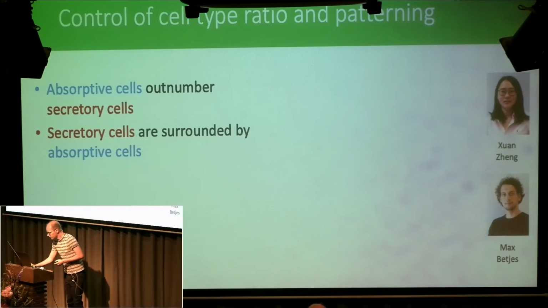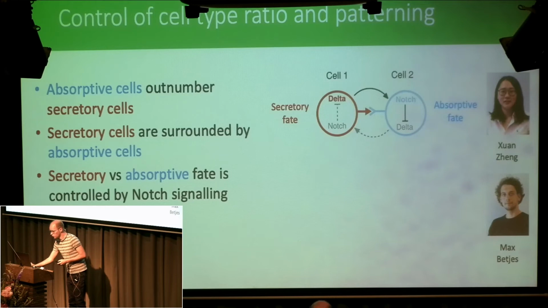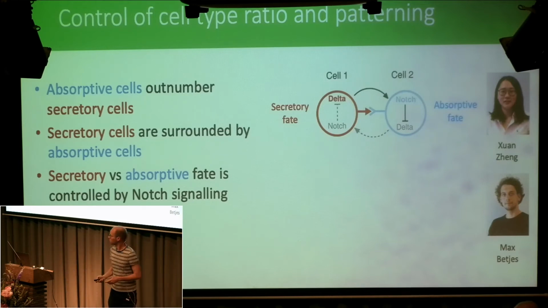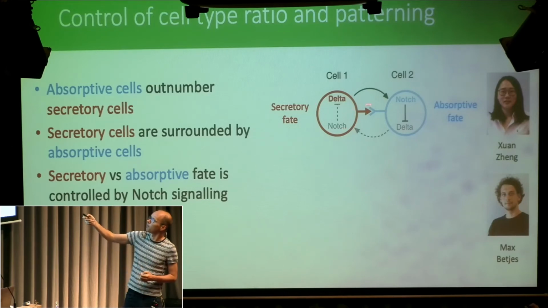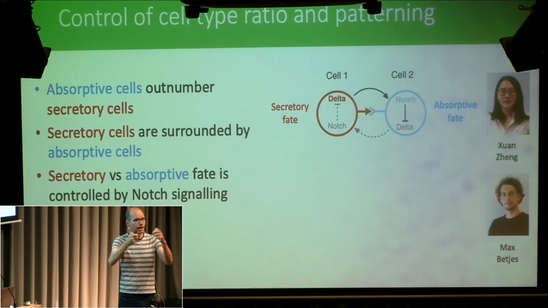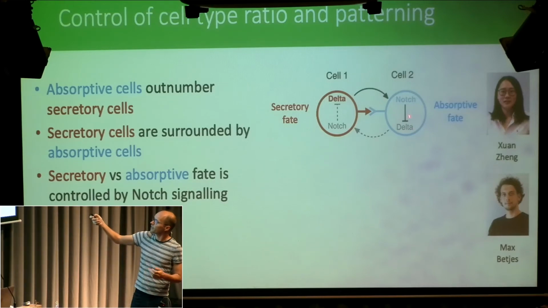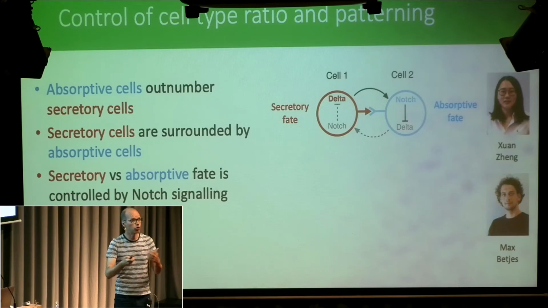And what people know is that this decision is controlled by notch signaling, the notch signaling that Ina just mentioned. The idea is that a secretory fate cell is producing a ligand, delta, that can then bind to notch receptors in neighboring cells, and in those cells, inhibits secretory fate and instead stimulates absorptive fate.